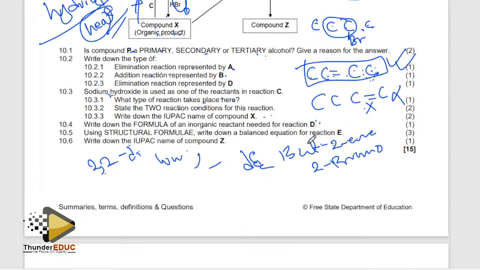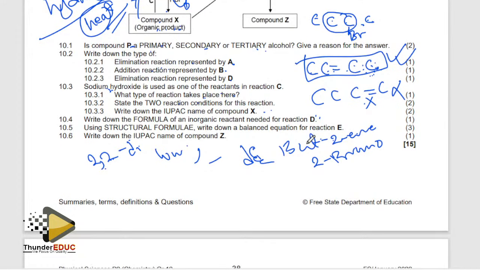I think I'm done with the reactions. Unless you have any question, guys, make sure that you know dehydration. You talk about addition, which types of reactions are under addition, elimination, and then substitution. You understand? And under which conditions. Use this question.